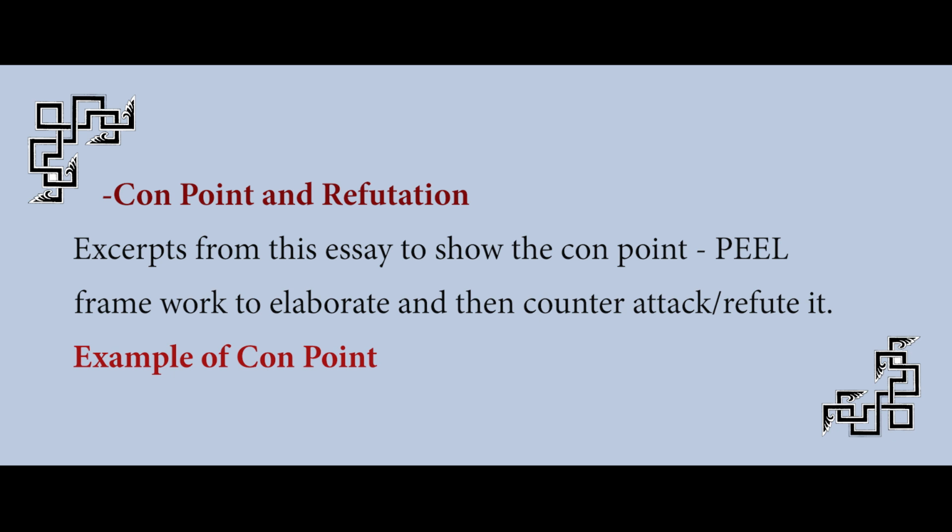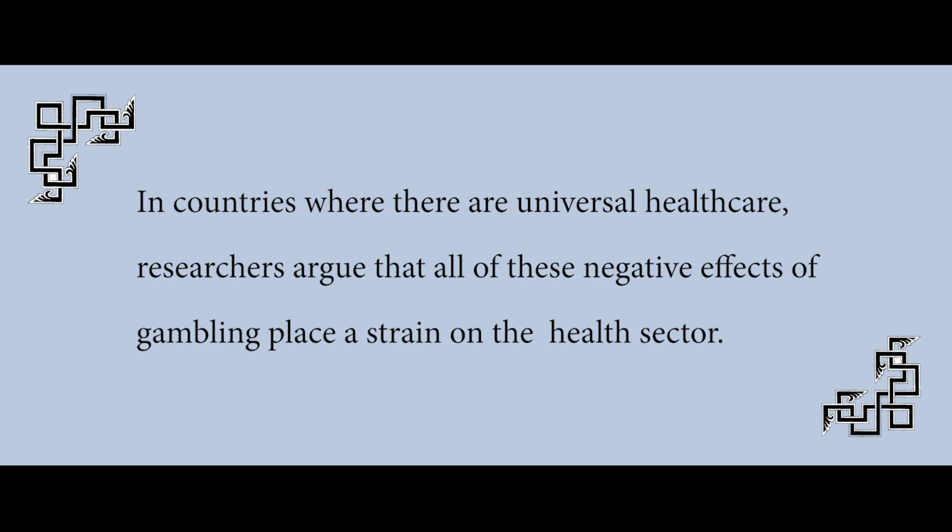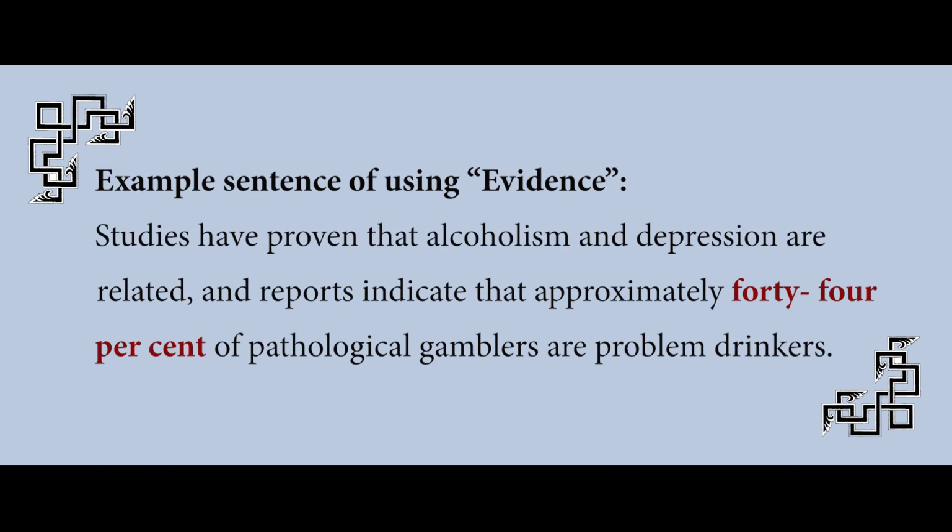I'll use excerpts from this essay again to show you the con point by using the PEEL framework to elaborate, counterattack, and to refute as well. Example of con point: in countries where there is universal health care, researchers argue that all of these negative effects of gambling place a strain on the health sector. Now, example sentence of using evidence.